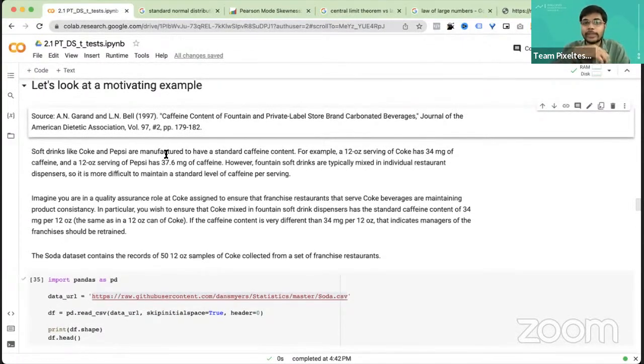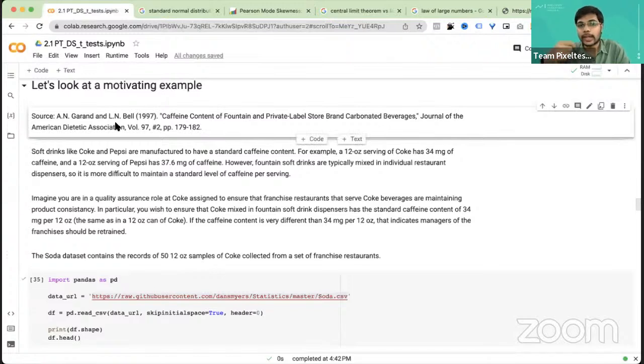And this could be spread across different areas. Let's say in one particular store the caffeine value was 47.32, and in another fountain it could be a different value. So this is a data set like that. Now, soft drinks like Coke and Pepsi are manufactured to have a standard caffeine content.